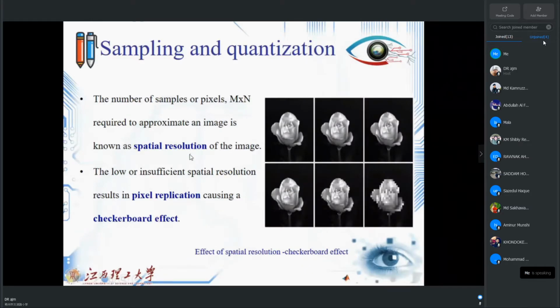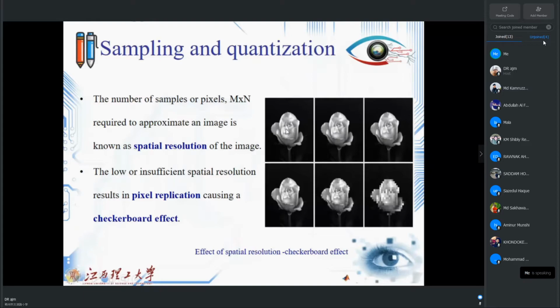Low or insufficient spatial resolution results in pixel replication, causing the checkerboard effect. See here, this is my image, and this is the checkerboard effect that you will see. It's showing the picture, but the resolution is not proper.